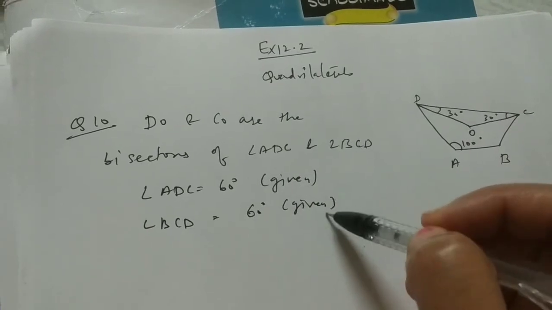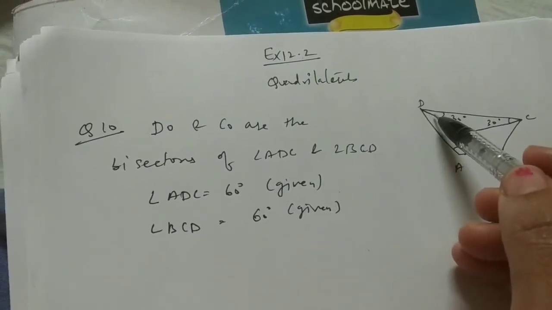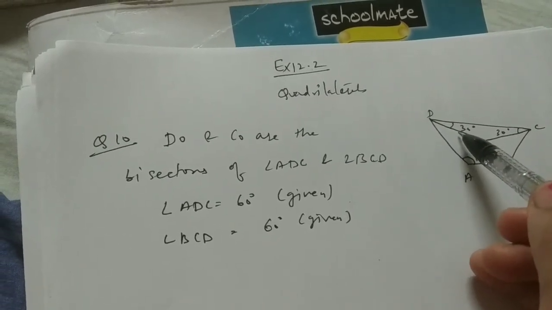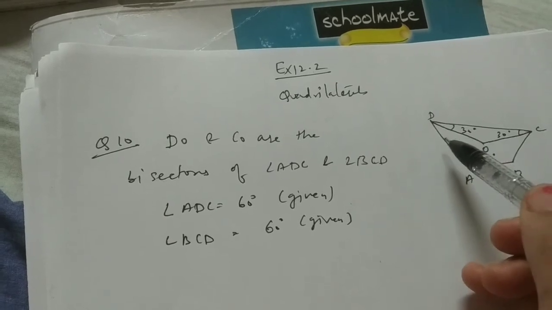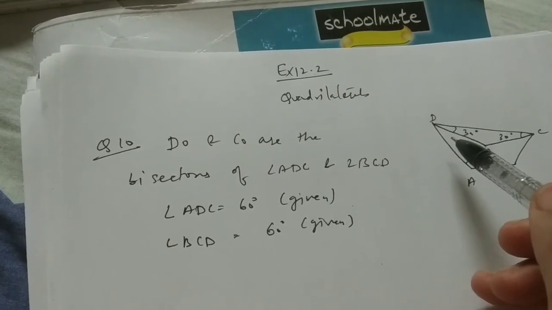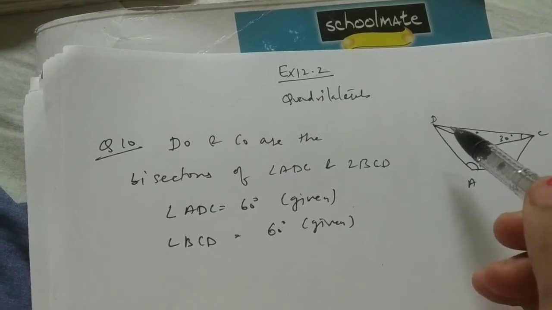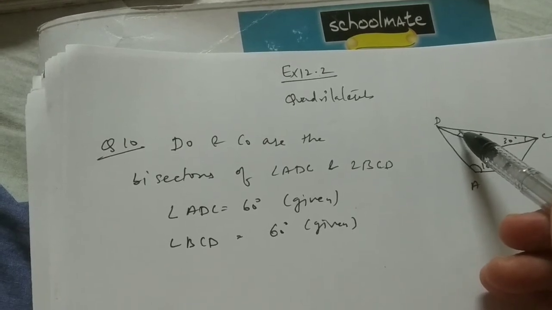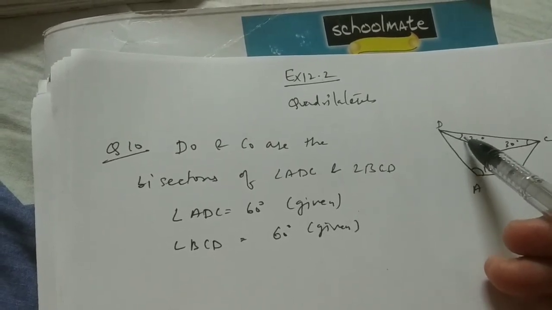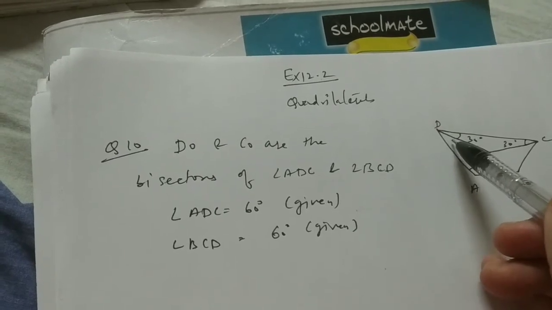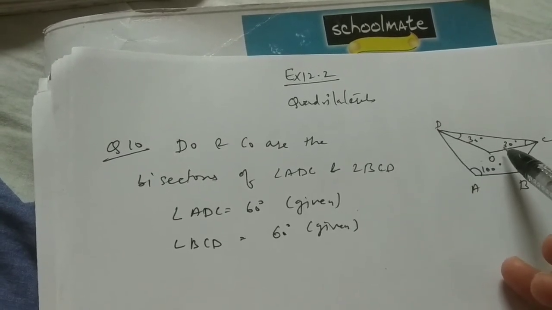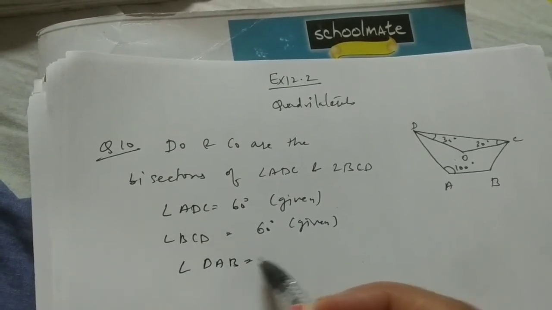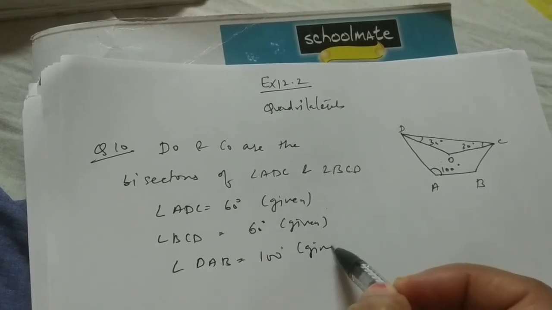Since DO and CO are the bisectors, and a bisector bisects the angle into two equal parts, each half is 30 degrees, so the remaining angle would be 30 plus 30, 60 degrees. Here also 30 plus 30, 60 degrees, and angle DAB would be equal to 100 degrees, which is also given to us.